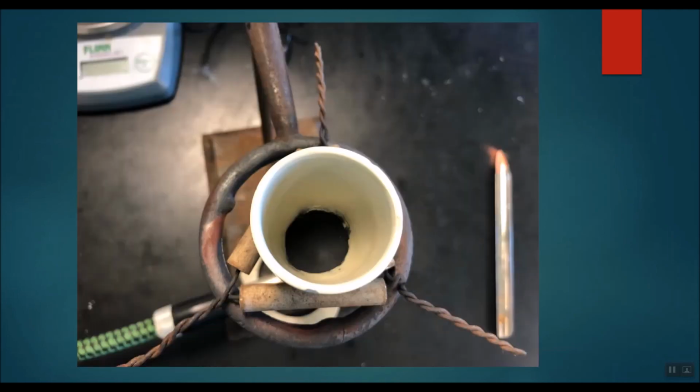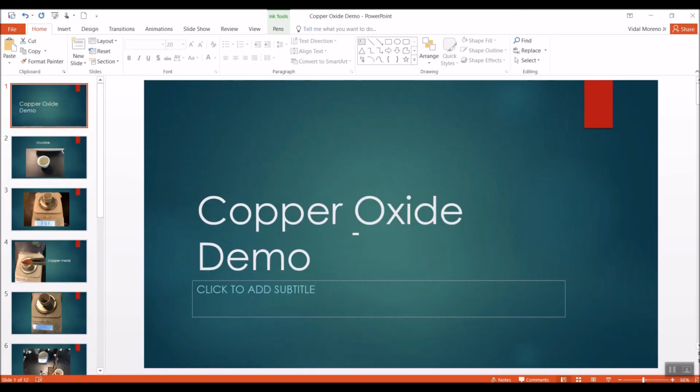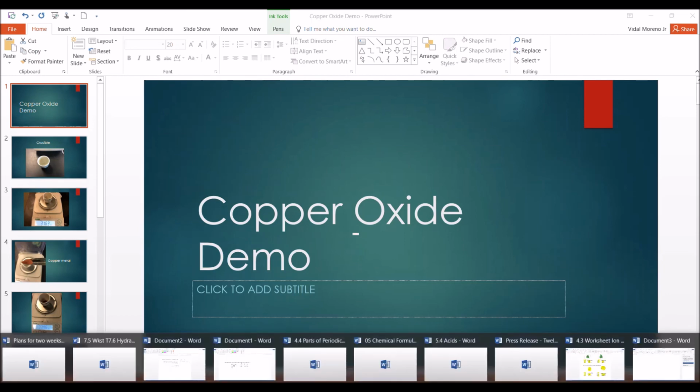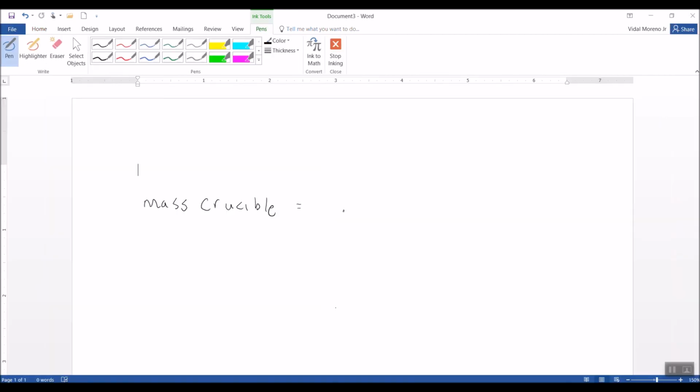Okay, so now we have this black substance, we have its mass, we're ready to determine if we have copper 1 oxide or copper 2 oxide. So what do we know? We know the mass of just the crucible. That was 31.63 grams. That's just the crucible.